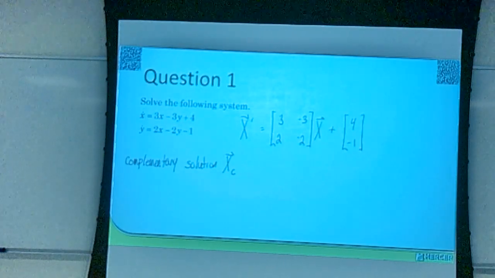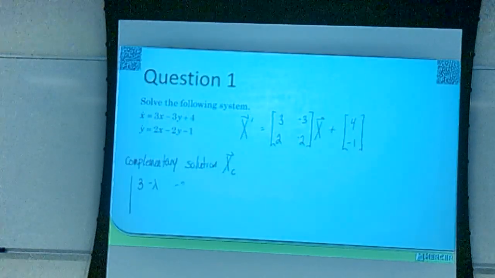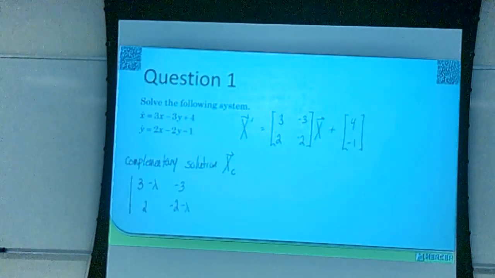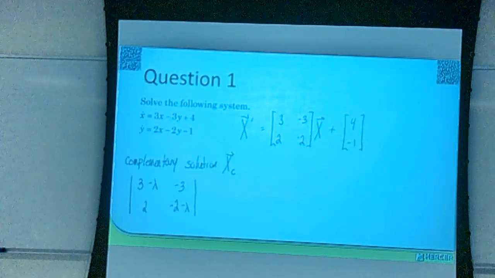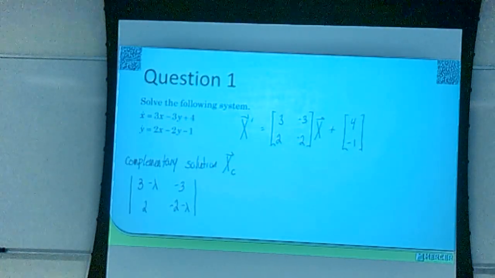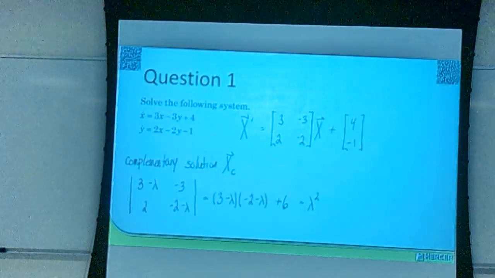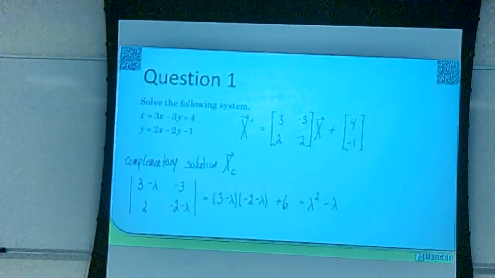We need to find the eigenvalues. It's lambda squared minus lambda.